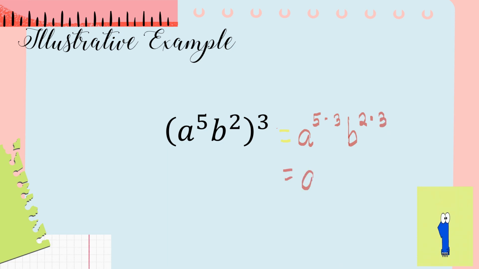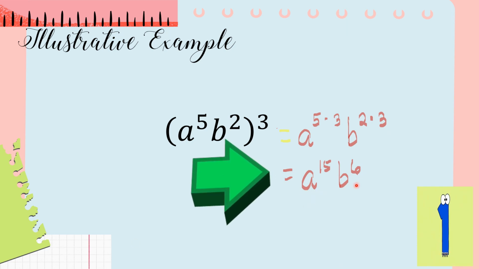So we get a raised to 5 times 3 is 15, and b raised to 2 times 3 is 6. So the cube of the quantity a raised to 5, b raised to 2 is equal to a raised to 15, b raised to 6.